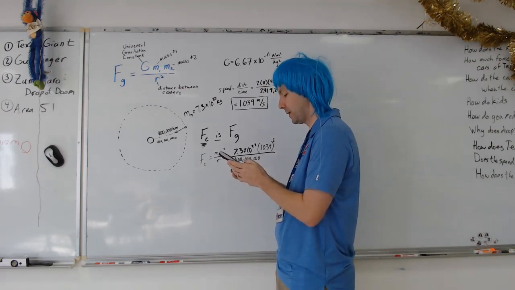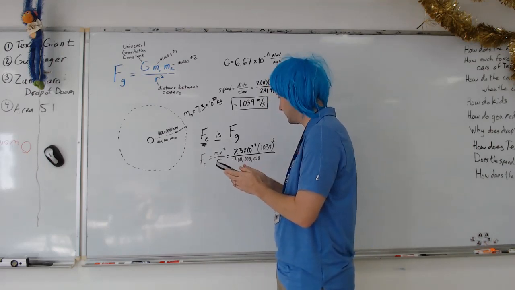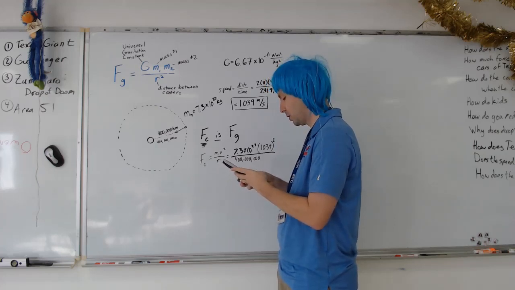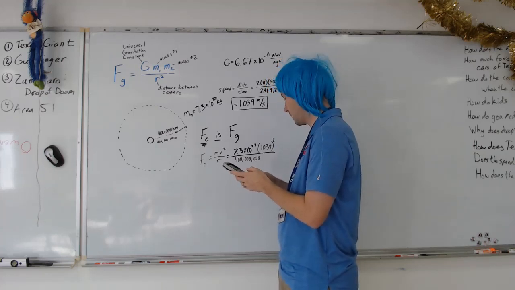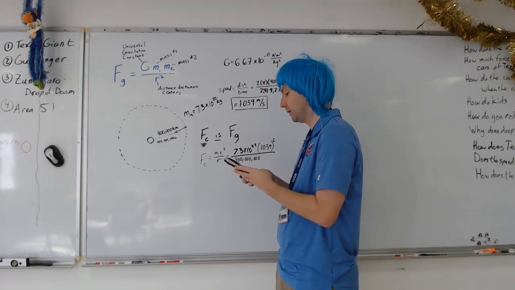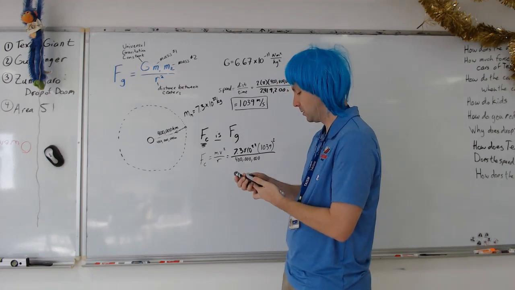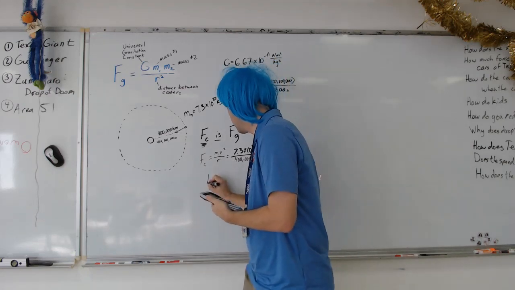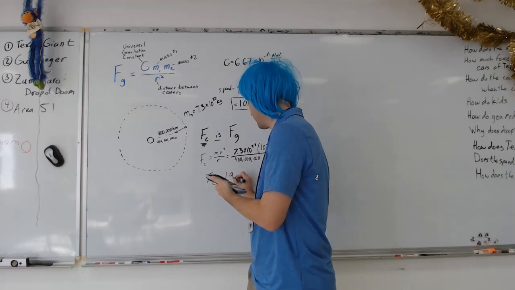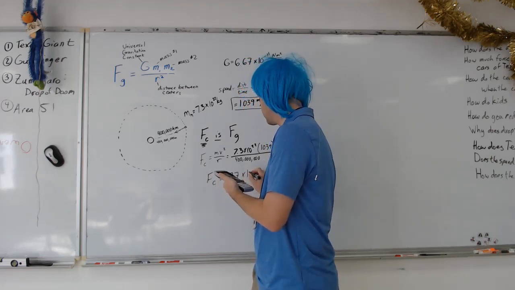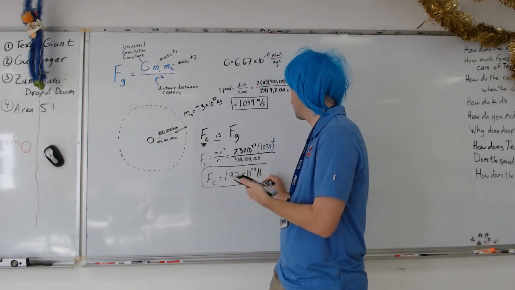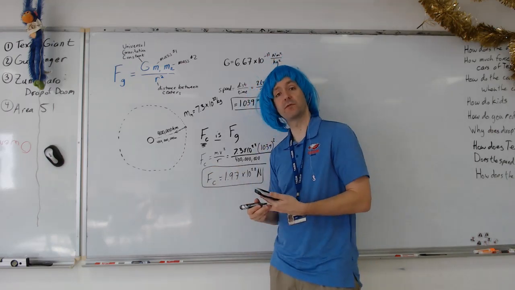So we go 7.3 times 10 to the 22nd times 1039 squared, and then divided by 400 million. And I end up getting that the required centripetal force is 1.97 times 10 to the 20th newtons.